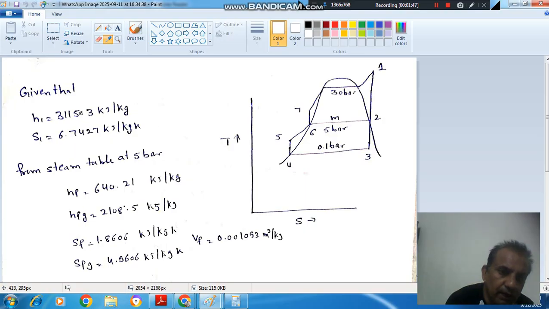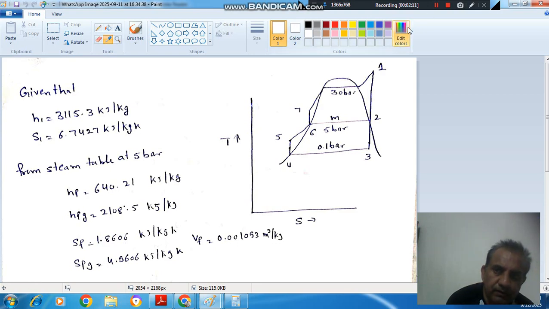Now at 1 the properties are given, that is H1 is equal to 3115.3 kilojoule per kg and S1 is equal to 6.7427 kilojoule per kg per Kelvin. And from the steam table we can get the other properties. At 5 bar we can get these HF, HFG, SFG and VF.